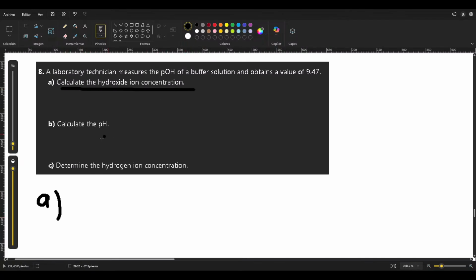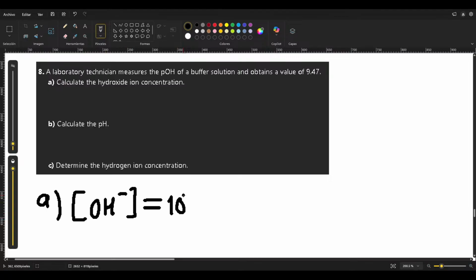Okay, calculate the hydroxide ion concentration. We already have the pOH, so the concentration is 10 to the negative pOH, which is 9.47.